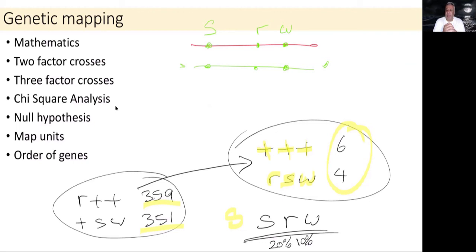And the numbers that we gave you, the 20% and the 10%, can be translated into map units. So a 1% recombination frequency is equivalent to 1 map unit, or 1 centimorgan apart on the chromosome. Chromosomes don't add up to 100% because the length of the chromosomes can vary.